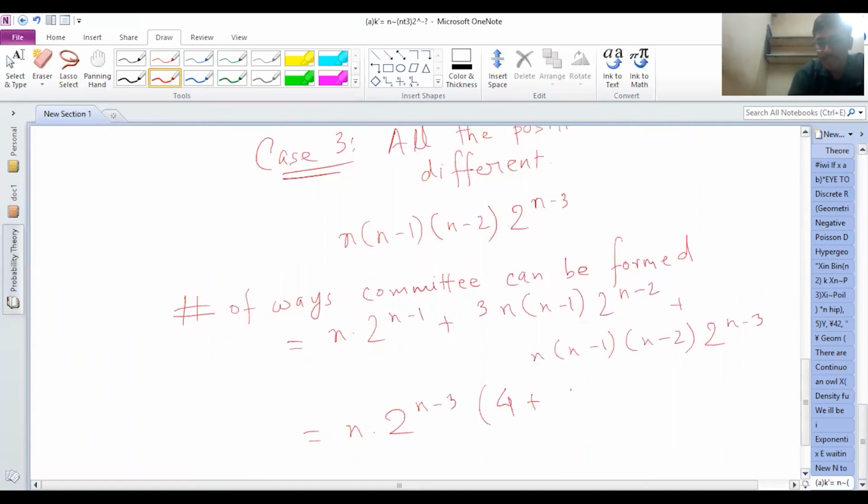Then we have 4 plus 6 times n minus 1 plus n minus 1 times n minus 2.